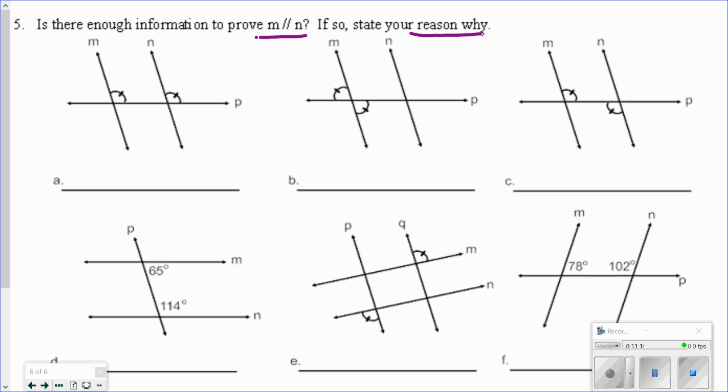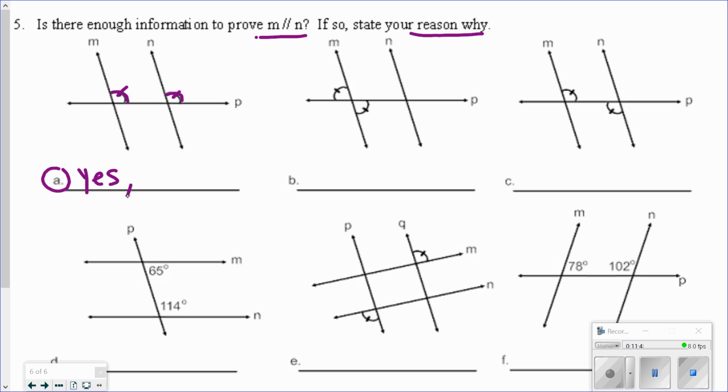So if one of those works here, then we could prove that those lines are parallel. So let's look at A here. I have two angles here, and I notice that they have one tick mark, so they are the same. So if those two angles are the same, would these lines be parallel? And the answer is yes, because what type of angle pair do we have here?